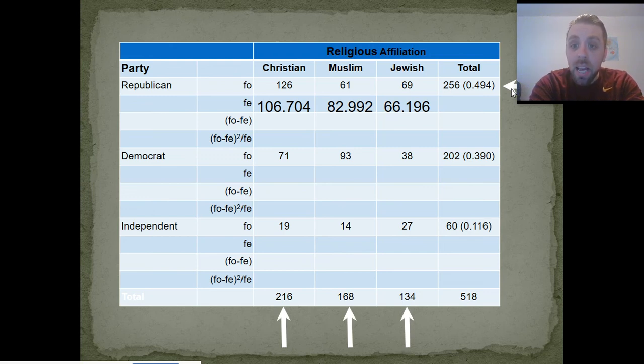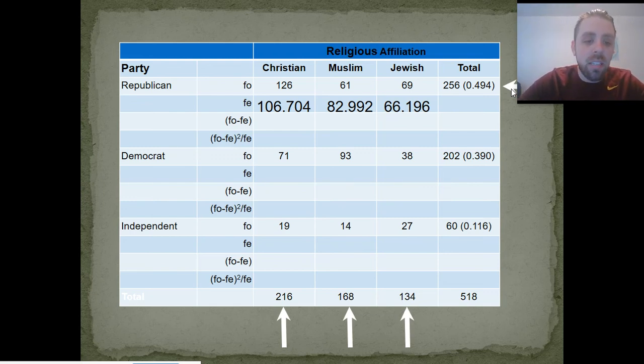And that will give me the value of expected Democrats who are Christian, Muslim, and Jewish respectively, if there was no relationship between these two things. And now, I think you see where this is going.